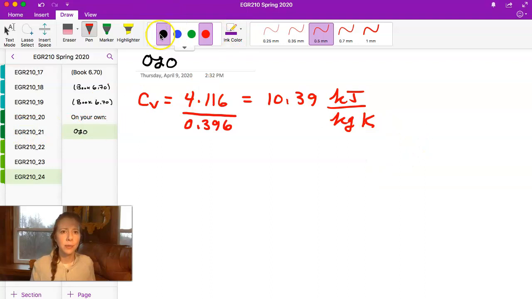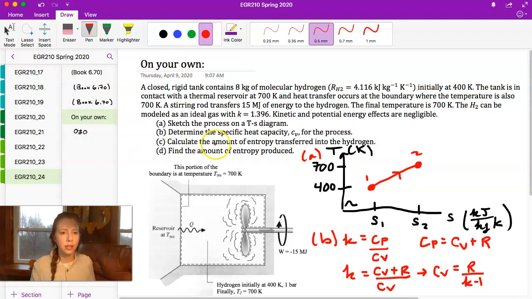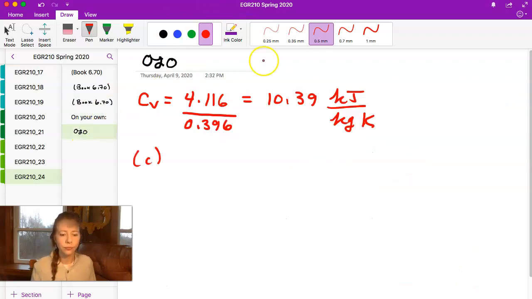So now the next piece, part C, was to calculate the amount of entropy transferred into the hydrogen. So let us do an energy balance.